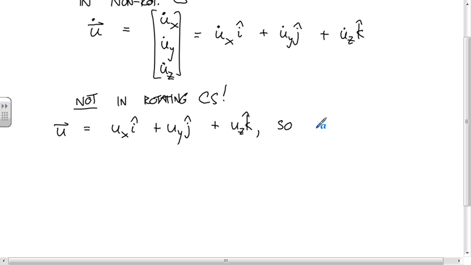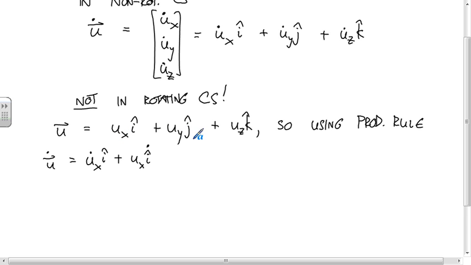And so using the product rule, u dot has to be equal to ux dot times i plus ux times i dot.